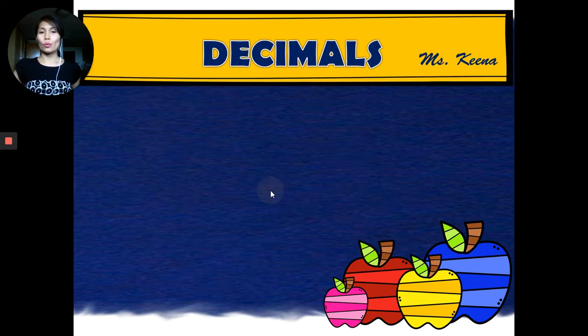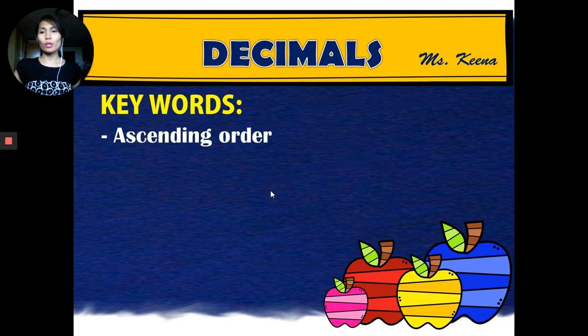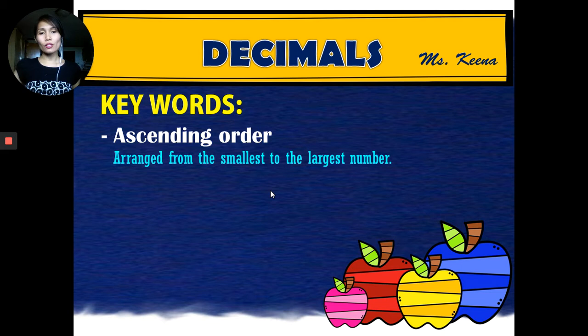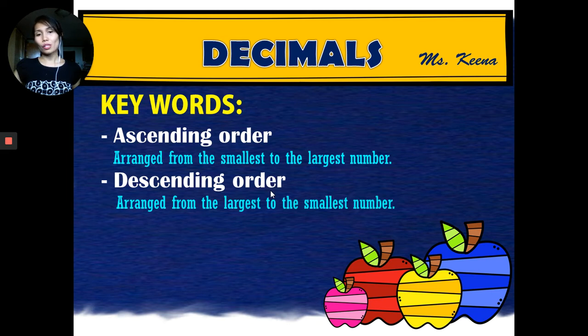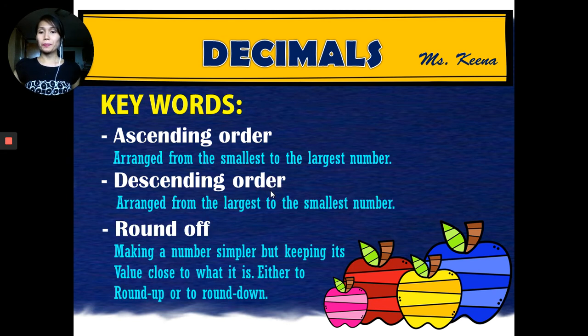All right, so for the keywords, you'll be using the words ascending order. That means arrange from the smallest to the largest number. Descending order is the opposite of ascending order, arrange from the largest to the smallest. And round off, that means making a number simpler, but keeping its value close to what it is.